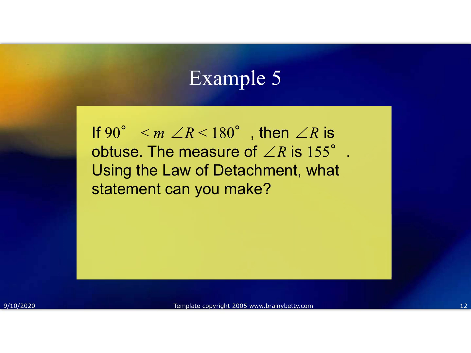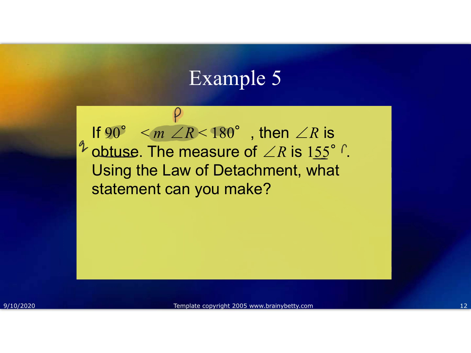So here in this example, if the measure of angle R is between 90 and 180, then angle R is obtuse. So if the measure falls between 90 and 180, that's your P, then angle R is obtuse. That's the Q. Then the first statement says the measure of angle R is 155, which is between 90 and 180.